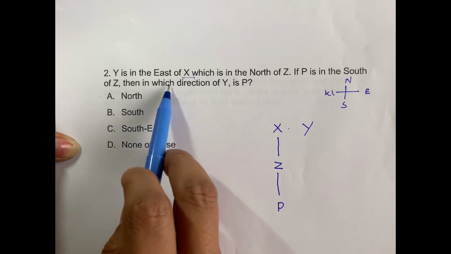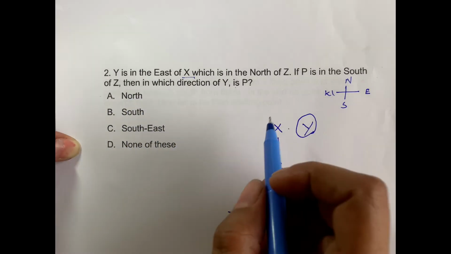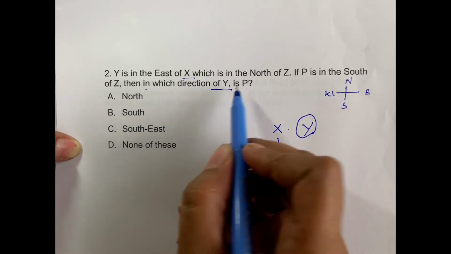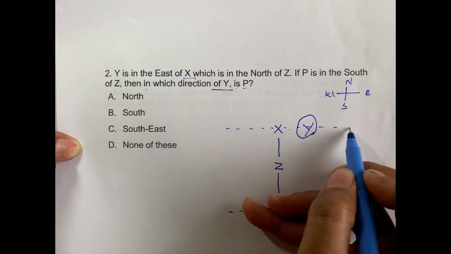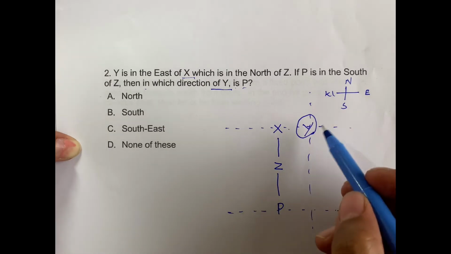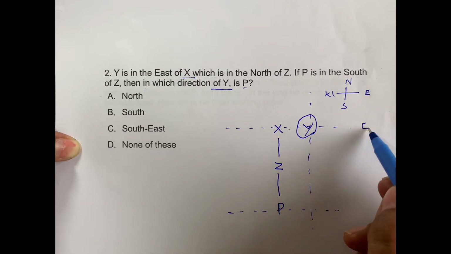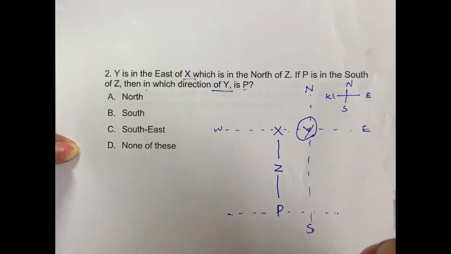Then in which direction of Y is P? They have asked in which direction of Y is P. So we'll have to take Y as the center. Okay, cut the line this way. So if you see it now, Y is here. So this should be east, west, north and south, isn't it?